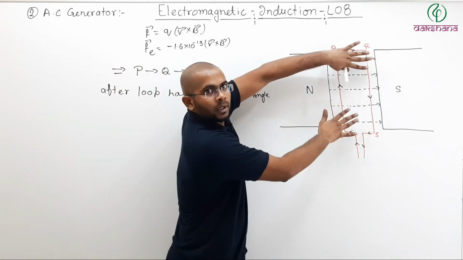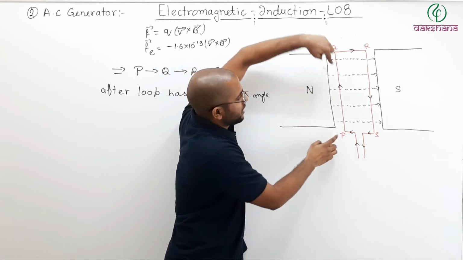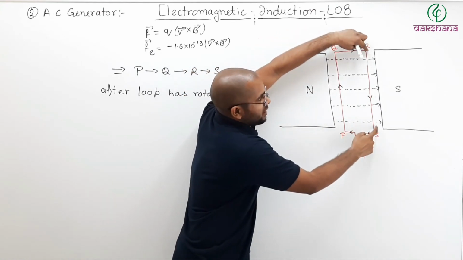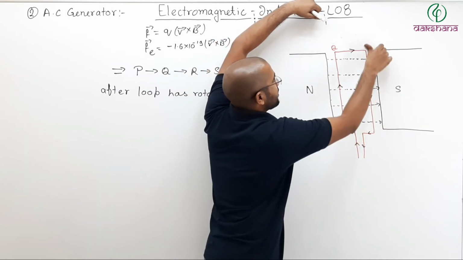See here, this is your loop. If you rotate it by pi radian or 180 degrees, then this PQ will come here and this RS will come here.